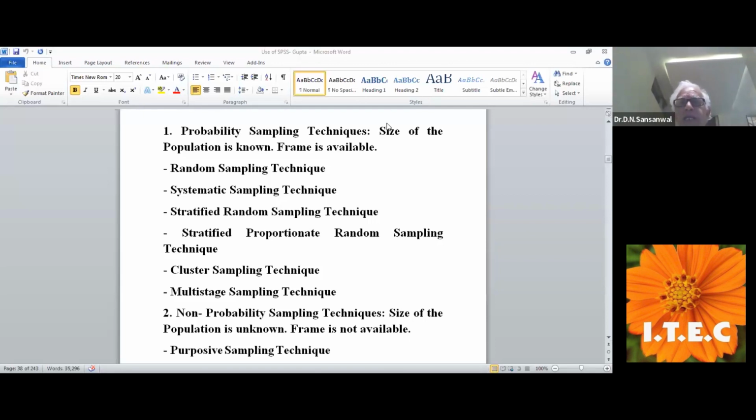And I have already listed the sampling procedures, that they are under two classes, probability sampling and non-probability sampling. And I have given you the list. Now, do you want me to explain the probability sampling first or non-probability sampling first? Whichever you want, I will start with that.